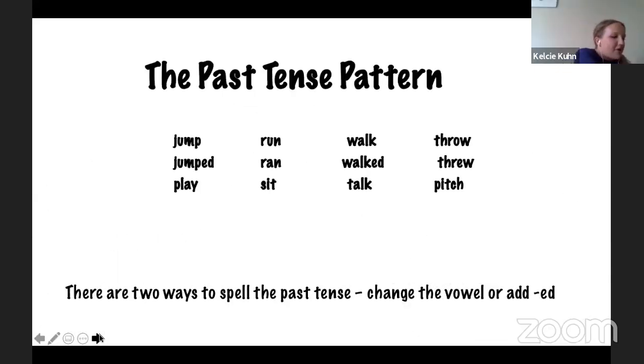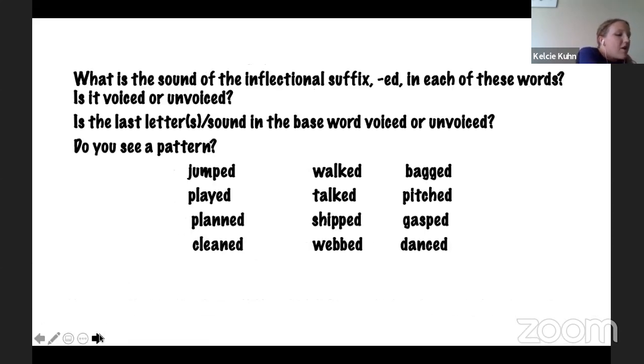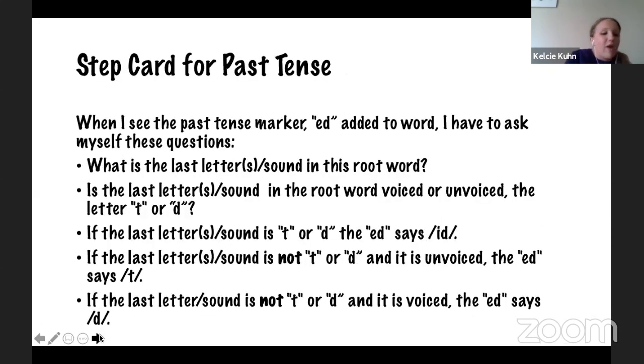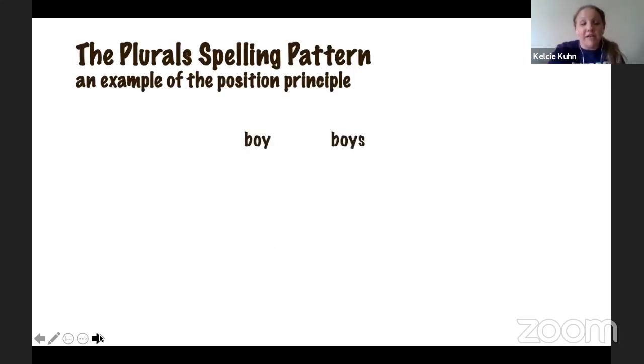So guided reading, to me, is where you have a group of students. My background is Fountas and Pinnell, so I'm just going to throw that out there.